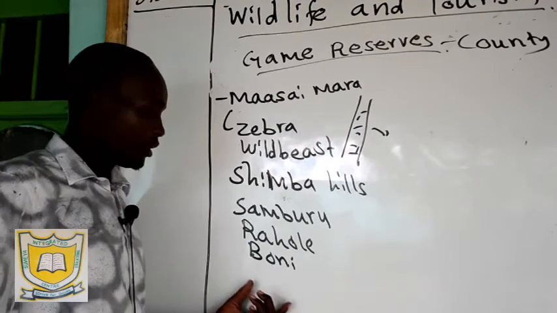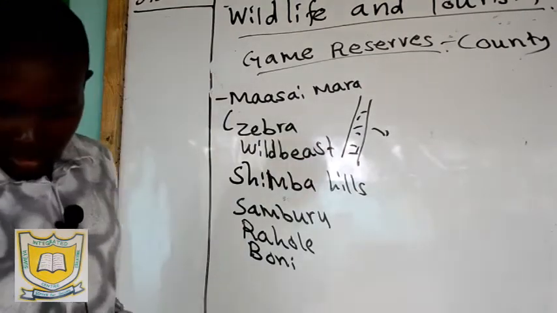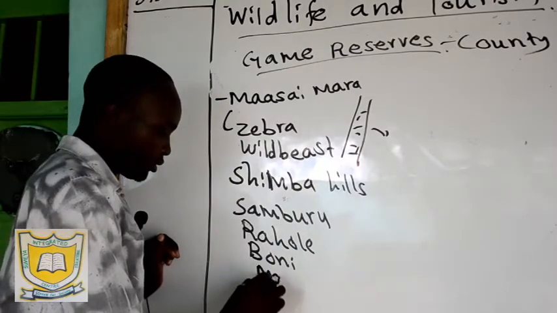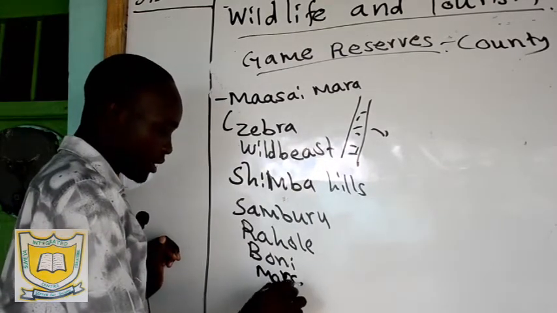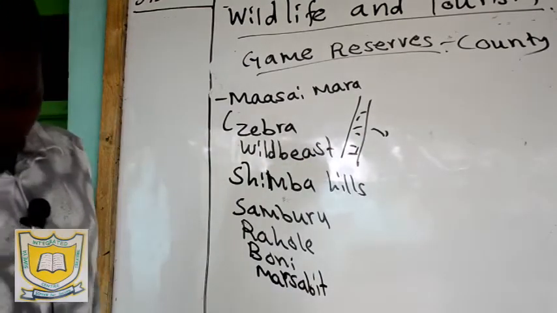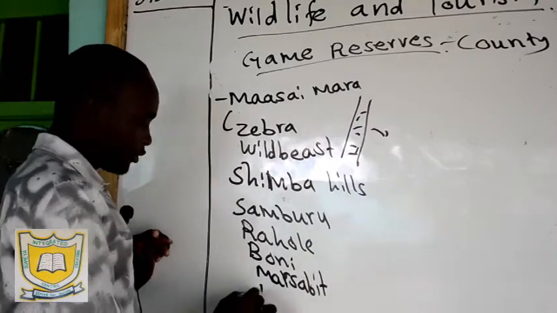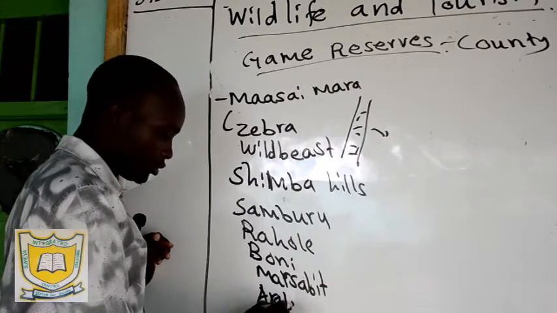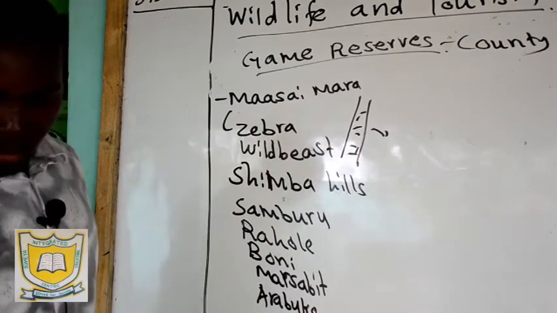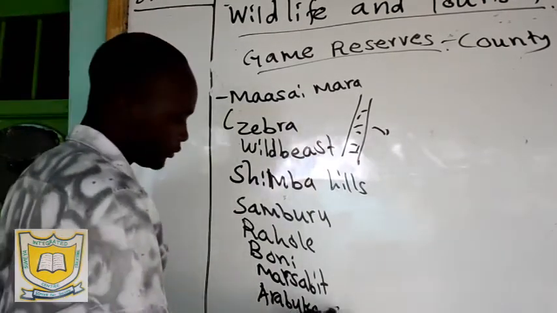We have a reserve where giraffe are, and some other animals. And then we have Marsabit. In Marsabit we have a reserve and a national park also. And then we have another one called Arabuko Sokoke.